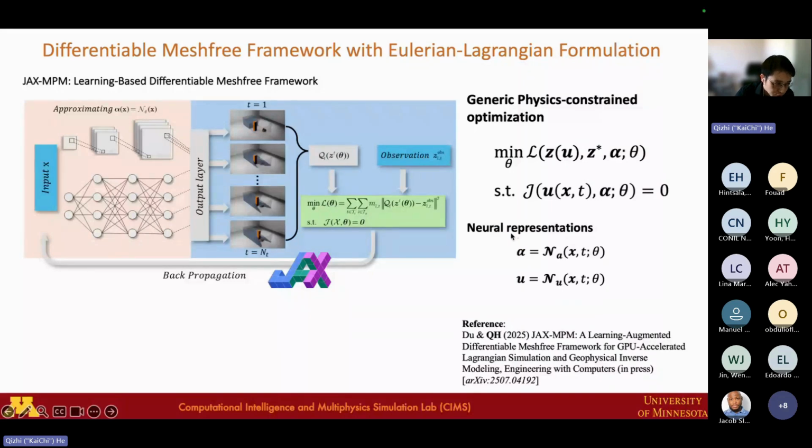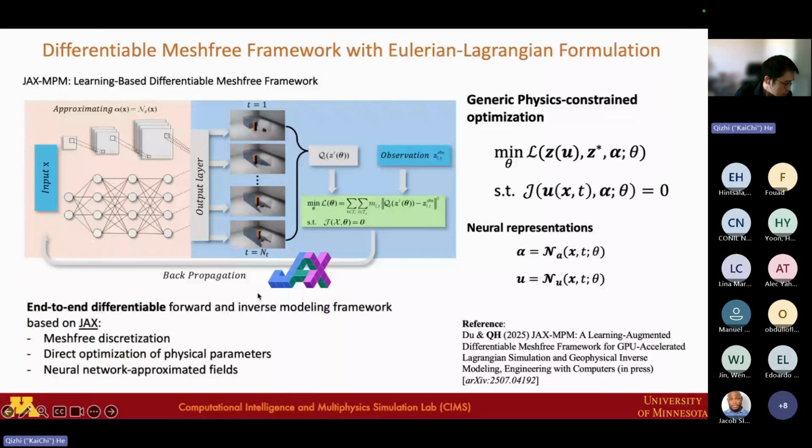Of course, we have our neural representation to approximate the unknown parameter. This unknown parameter can be very generic. It can be an unknown boundary condition, an unknown material parameter, a lot of things, you name it. And this is the solution.